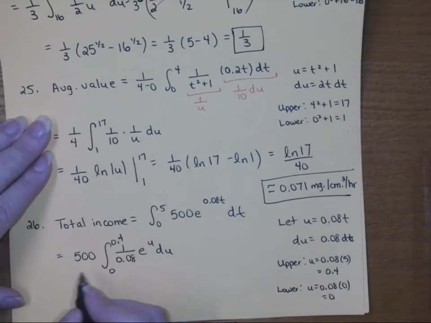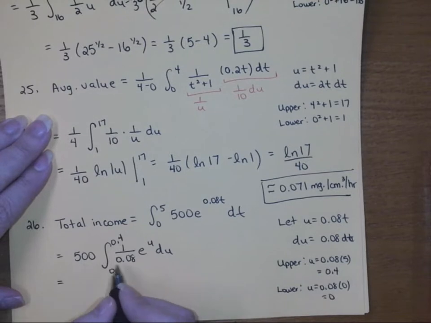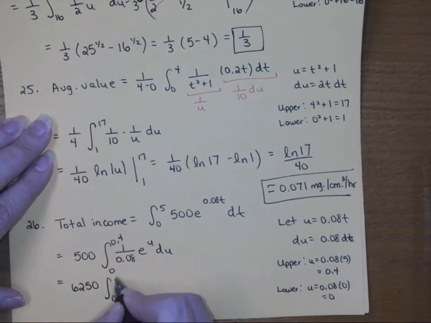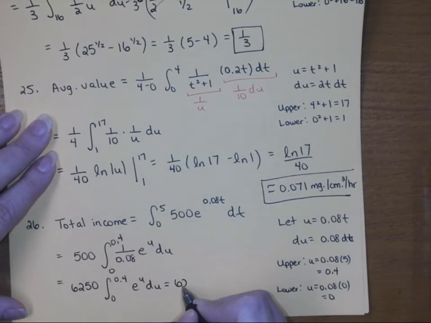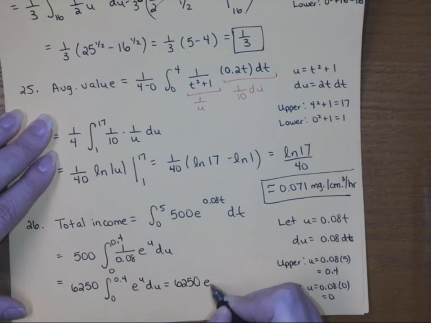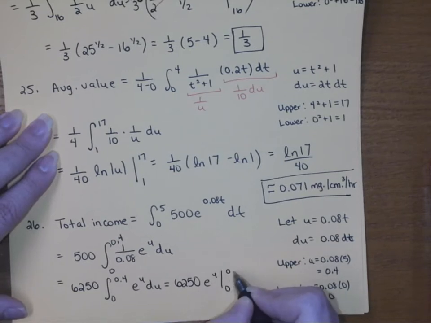So move the 1 over out here, and if you multiply 500 times 1 over 0.08, you're going to get 6,250. And then the antiderivative of e is just itself. So it's going to be e to the u evaluated from 0 to 0.4.